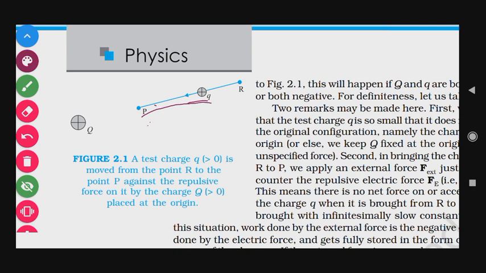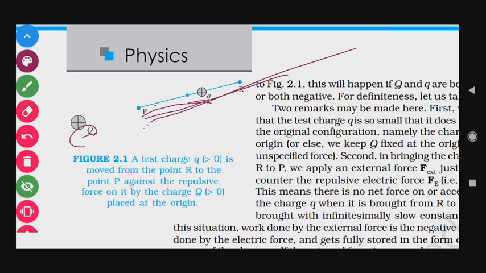Because we have left it, the electric field, this force, will take the charge and push it away. The potential energy that has been stored because of the work we did will be converted into kinetic energy.